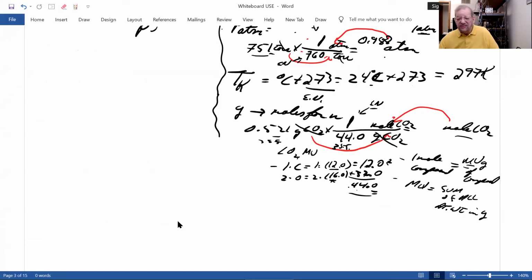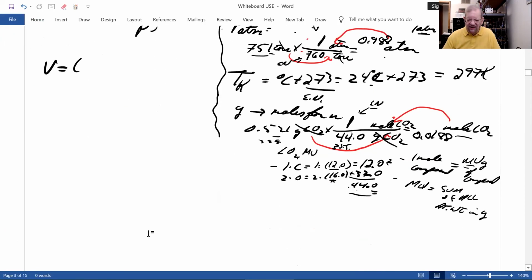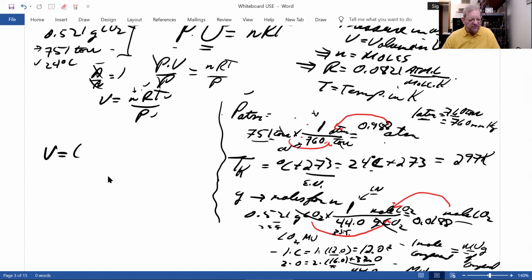So this is 0.0188. So what do we do? Well, we've got this all here. I'm gonna write this down here. V equals, what's n? Well, n is 0.011188 moles.